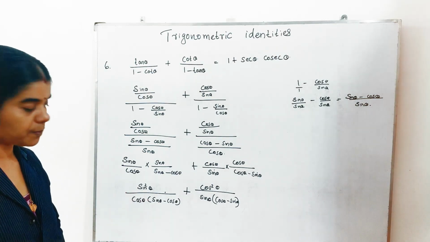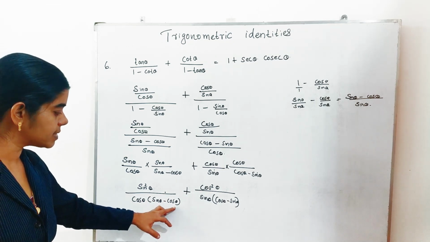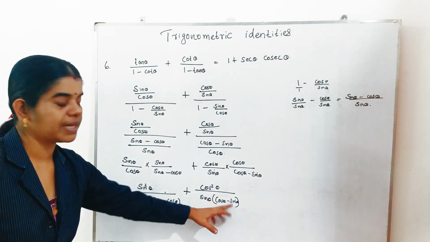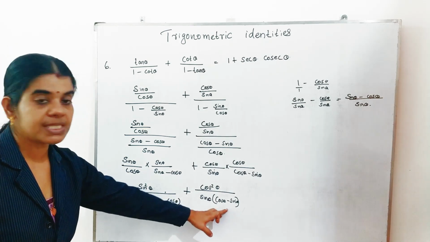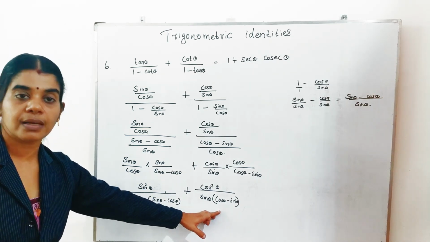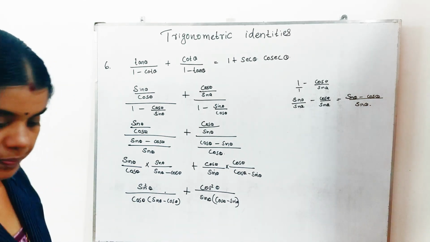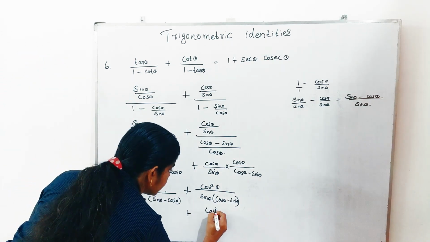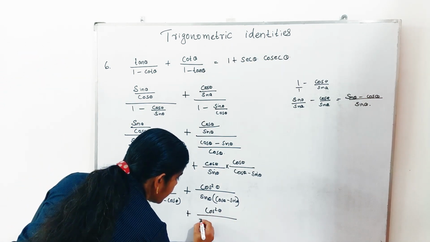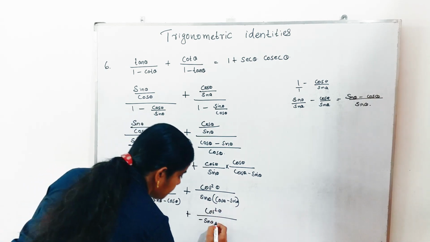You got it this way. Next, look here. Here sin theta minus cos theta. Here cos theta minus sin theta. If you take one minus from this bracket, you can write that also as sin theta minus cos theta. So I am writing this: cos square theta divided by minus sin theta, because I have taken one minus sign here.